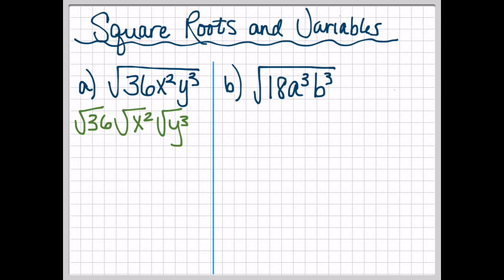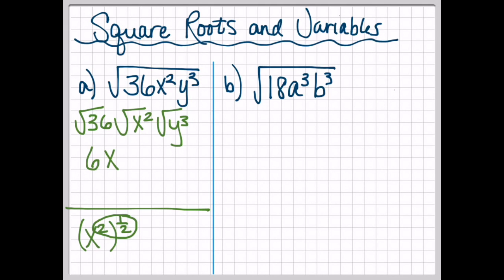So the first thing I'll do is I'll take a look at square root of 36, and I know that that's going to be 6. So the square root of x squared, we know, could really be written as x squared to the 1/2 power. So we're really just going to divide the exponent by 2. So instead of the square root of x squared, that's really just going to be x. Now the problem with y cubed is that it's an odd power. So we're going to need to break that up a little bit more.